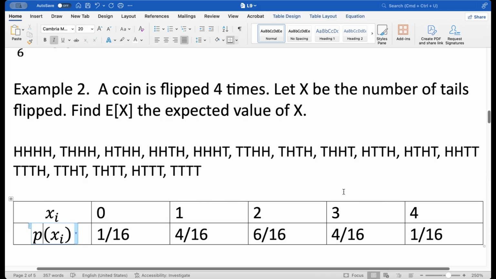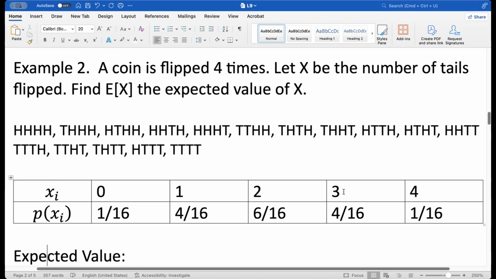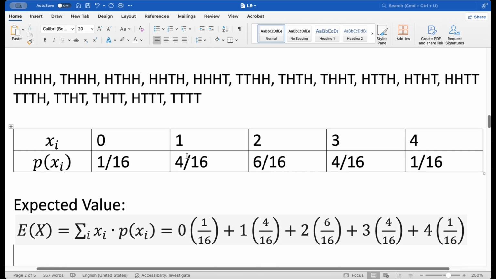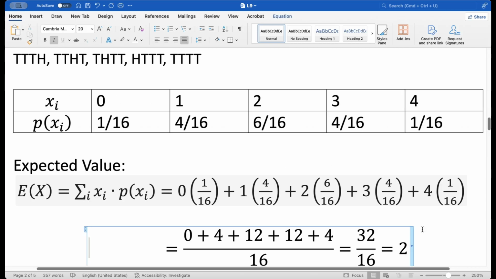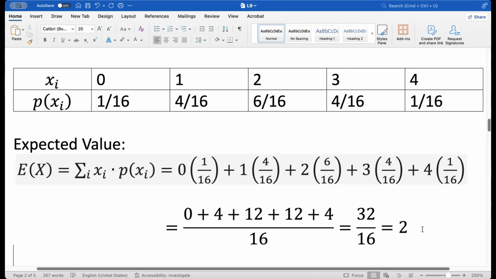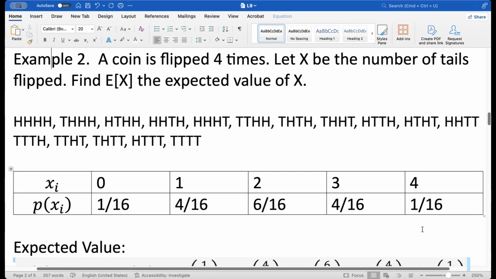All right, so now we're going to calculate the expected value of x by doing the sum of each x value times its probability. So it's 0 times 1 over 16 plus 1 times 4 over 16 plus 2 times 6 over 16, and so on. And the end result here is 2, which should be reasonable since if it's a fair coin, there's a 50-50 chance.